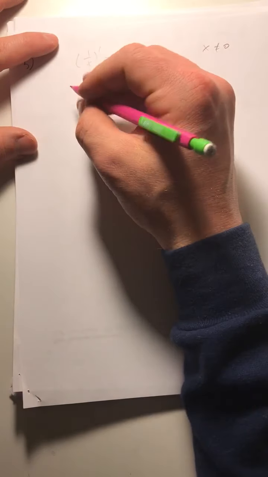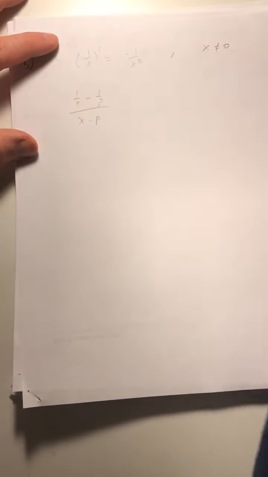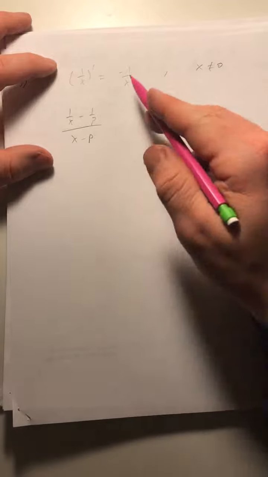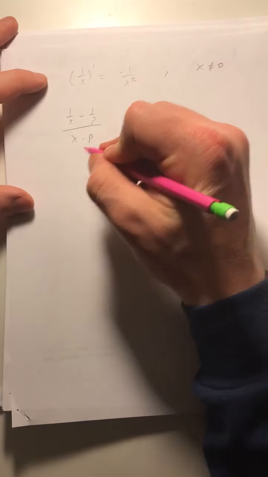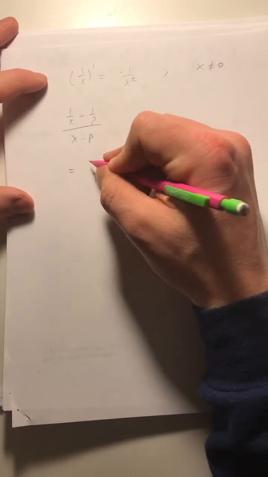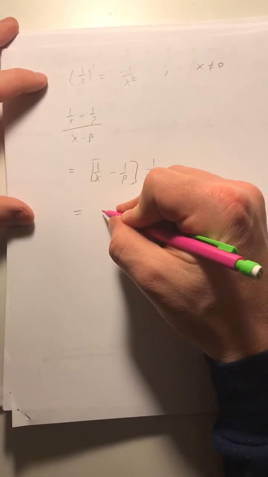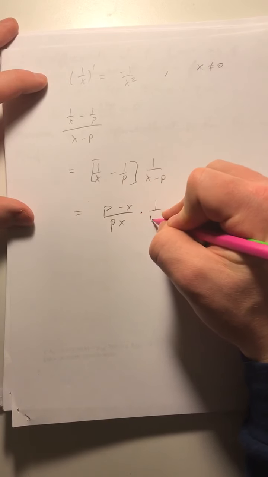So I want to do 1 over x minus 1 over p, over x minus p. I want to take the limit of this as x goes to p, and I want to show this is negative 1 over p squared. So let me first rewrite it like this. Get a common denominator over here: p minus x over px, times 1 over x minus p.